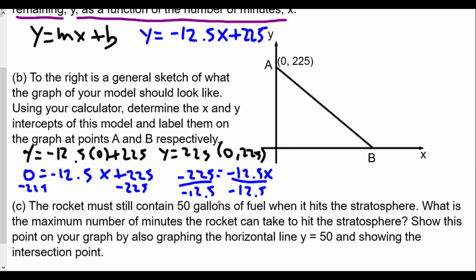Although if you decide to just set them both to positive, it will be okay because the negative of a negative would be a positive value. So we have x equals 18 minutes. And so our coordinate for B, in this case, would be (18, 0).